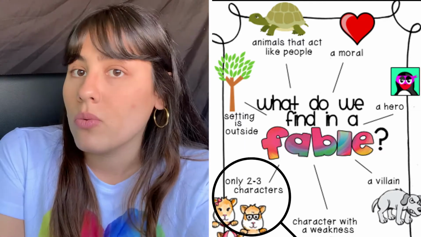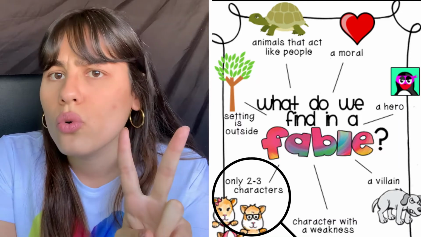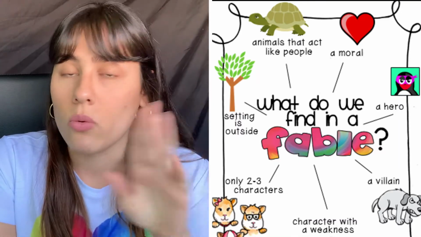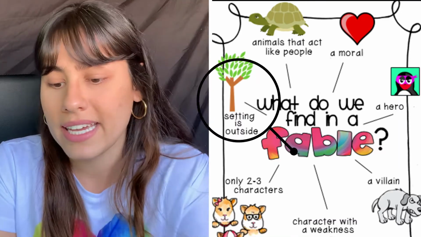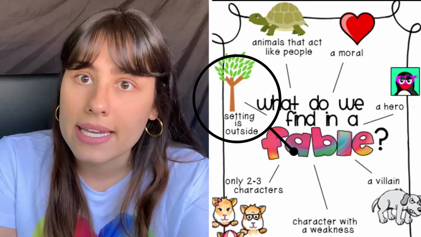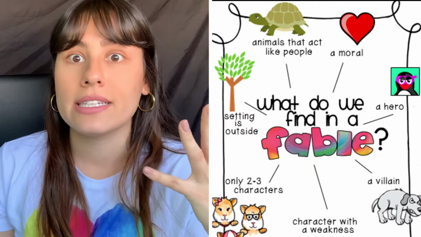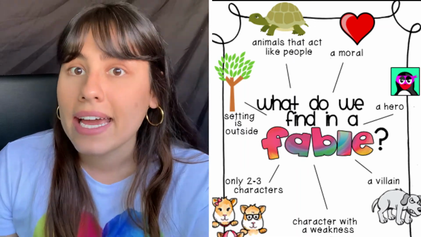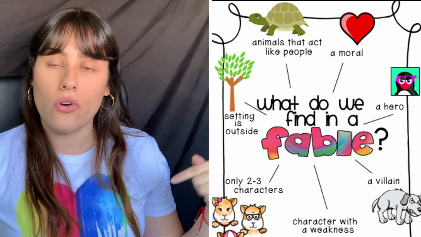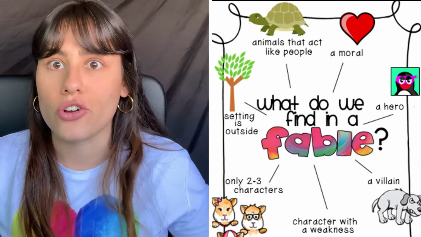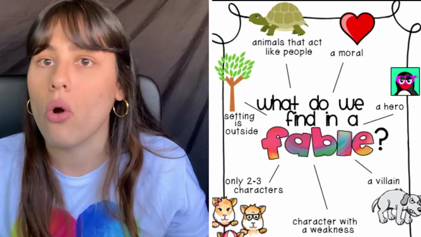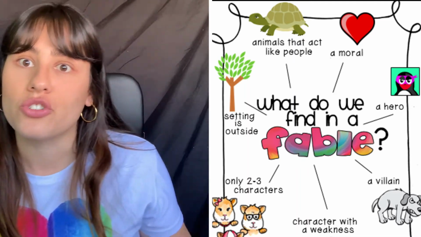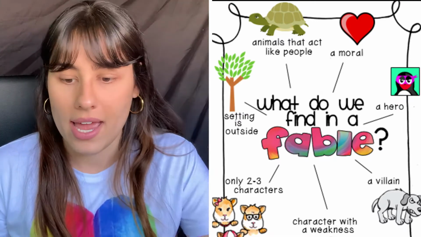In a fable, we usually have just 2 or 3 characters, okay? We don't have more. And also, the setting or the environment where all of this is happening is outside, okay? It's not indoors. It's in nature, in the forest, in the ocean, where there are trees or plants, okay?